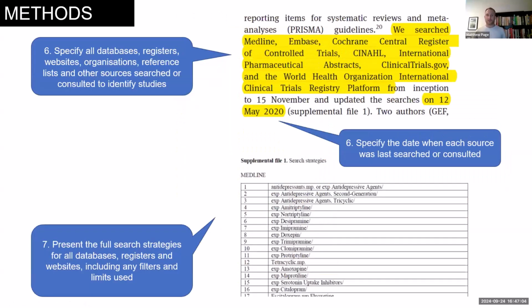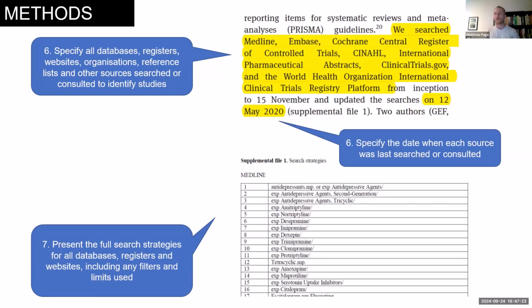In terms of the search methods, this was also done relatively well, with the authors indicating what databases and registers, such as clinicaltrials.gov, were accessed. And they provide the specific date on which the searches were run, which I think is quite rare.